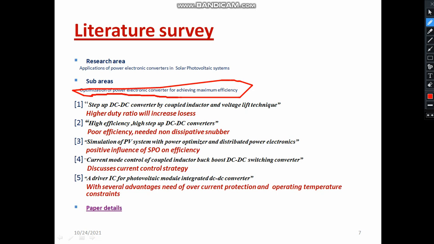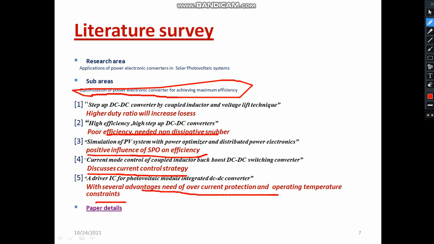The second paper indicates the importance of the snubber circuit, and of coupled inductor and switched capacitor in a modified converter. The third paper signifies the importance of optimization techniques, the fourth paper reveals the current control strategy, and the fifth paper explains the different types of protective devices and the influence of temperature on the SPV system.